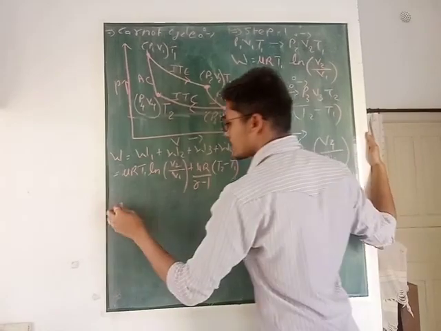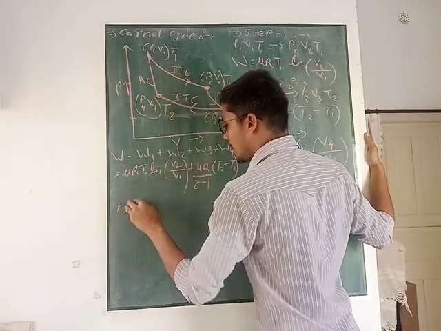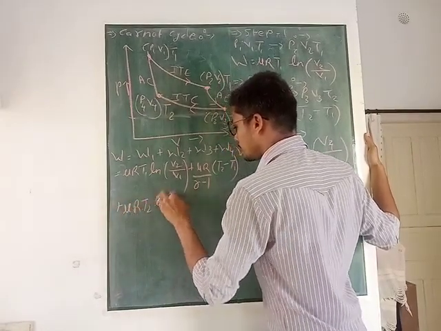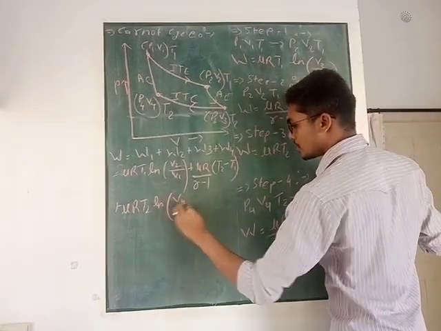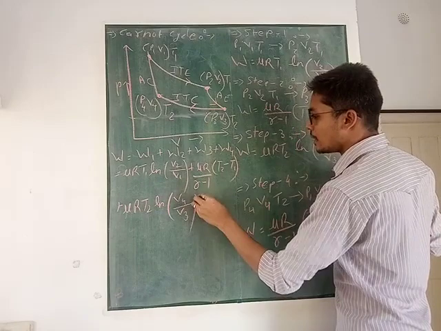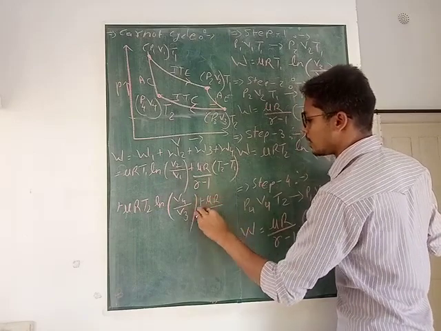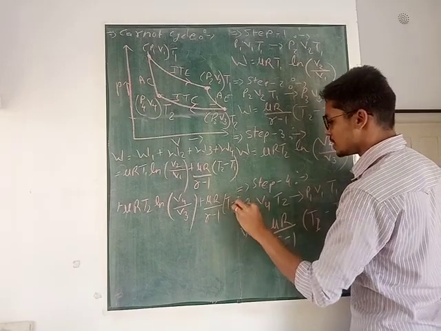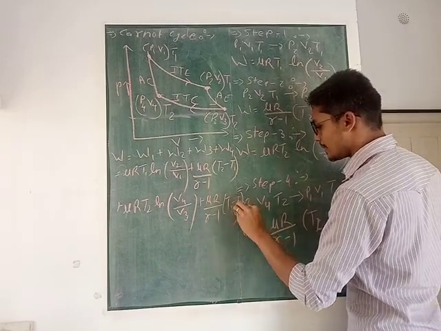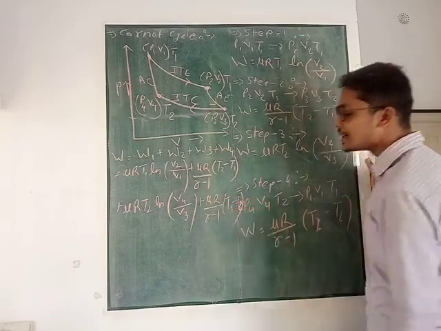Next, plus mu R T2 ln V4 by V3, plus mu R upon gamma minus 1 times T1 minus T2. I am writing this a little bit like this.